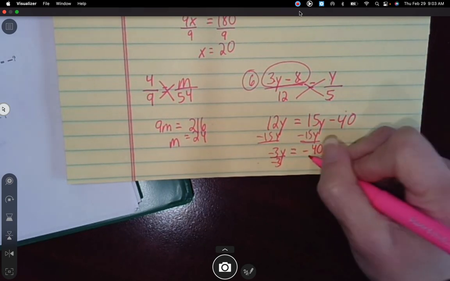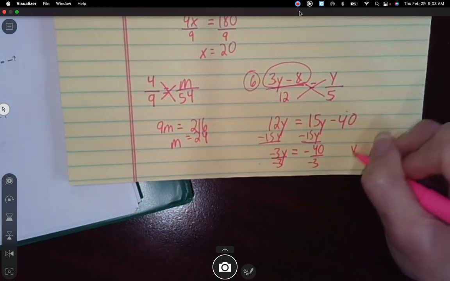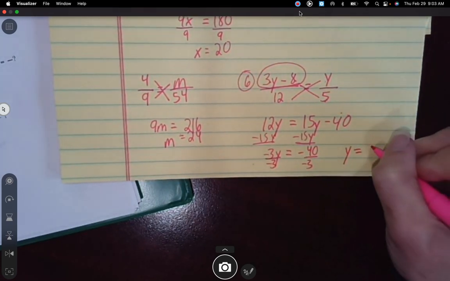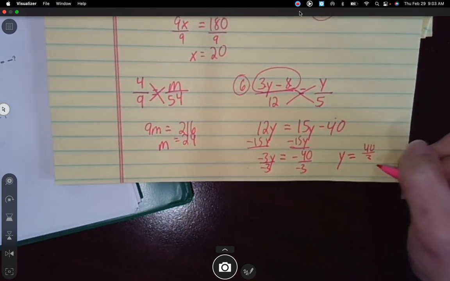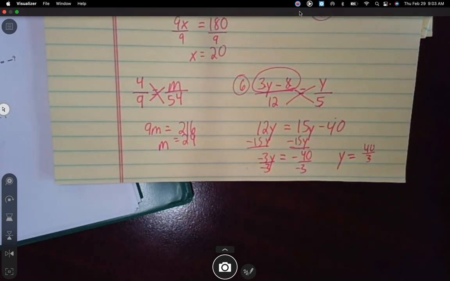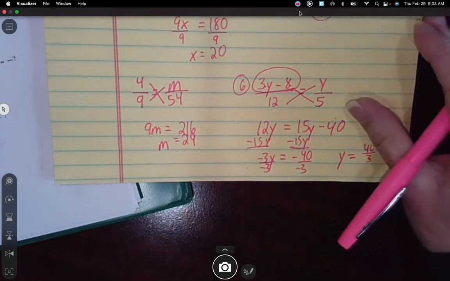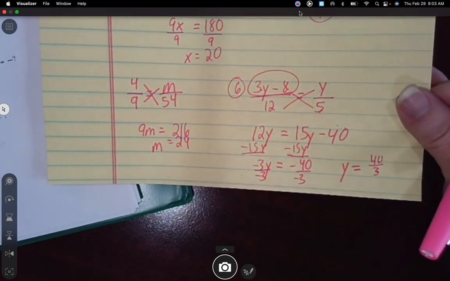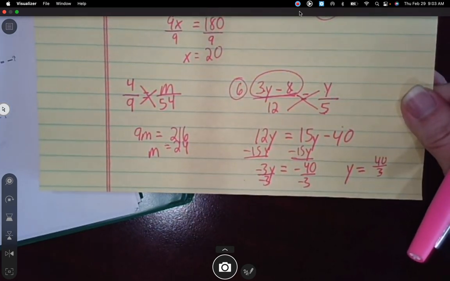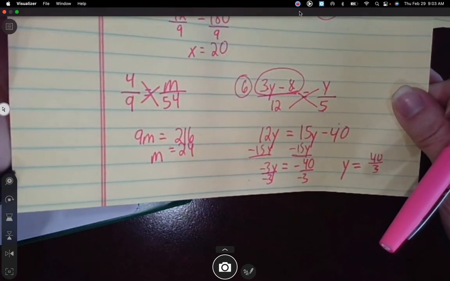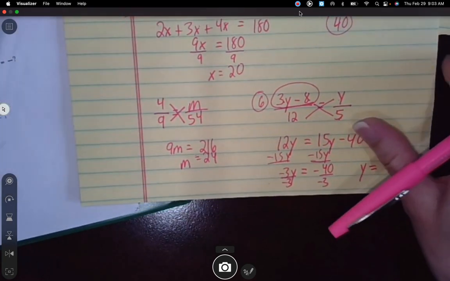Divide by negative 3. And a negative divided by a negative is a positive. So it's D. All right, there's number 6. Everybody good so far?